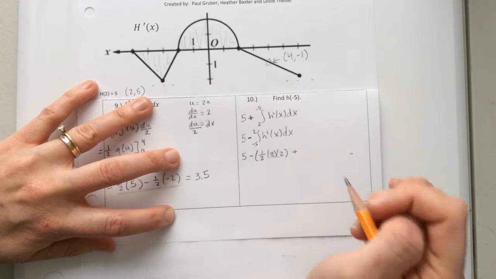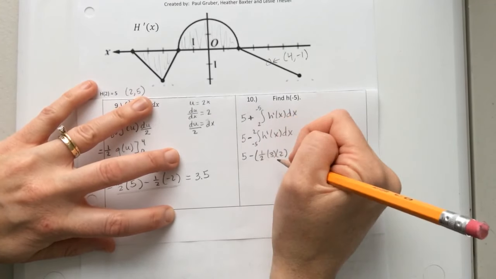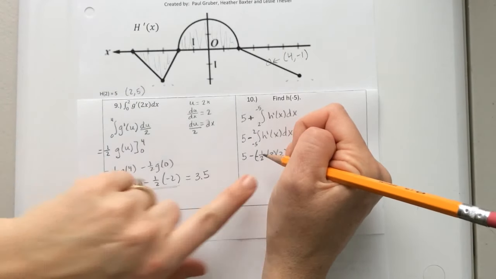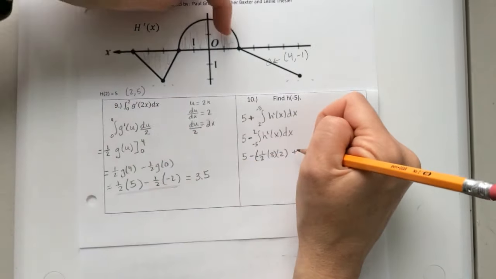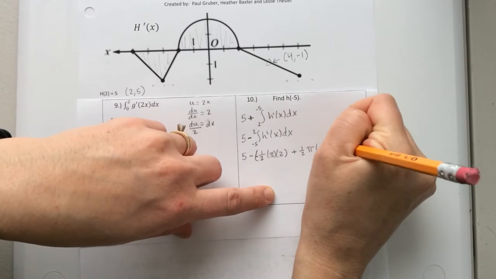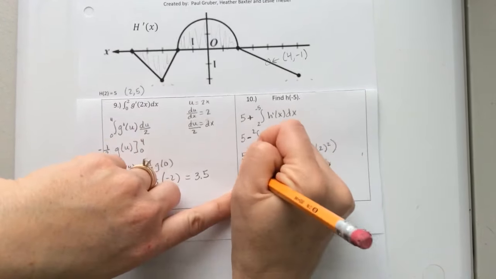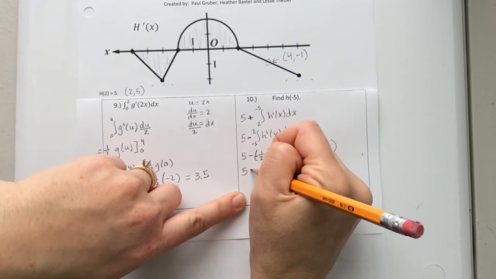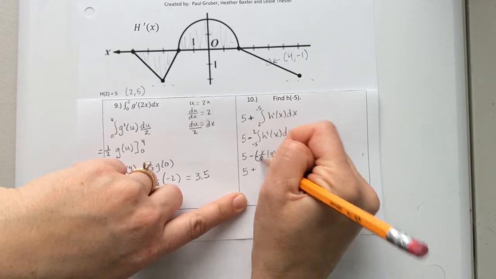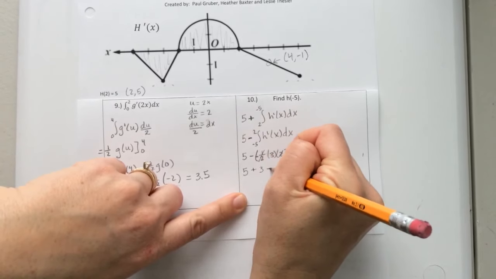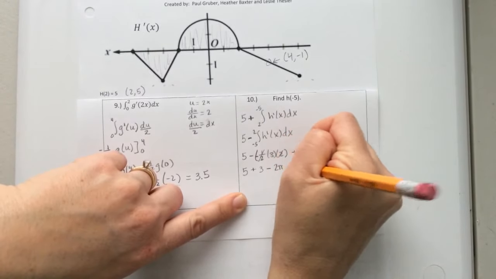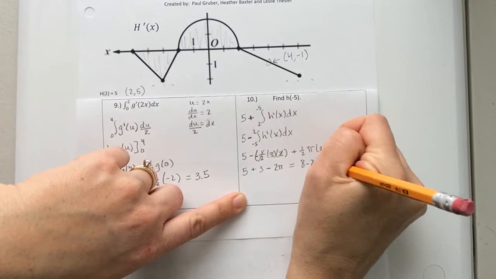Plus my, and actually this is negative area, so make sure you consider it negative area, plus this positive area, which is half of a circle of radius 2. So I end up with 5 plus, these will cancel out, 3 minus 2 pi, or 8 minus 2 pi.